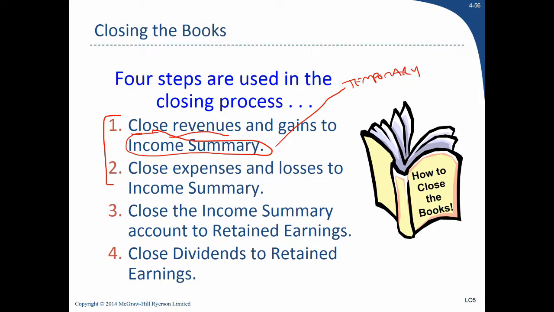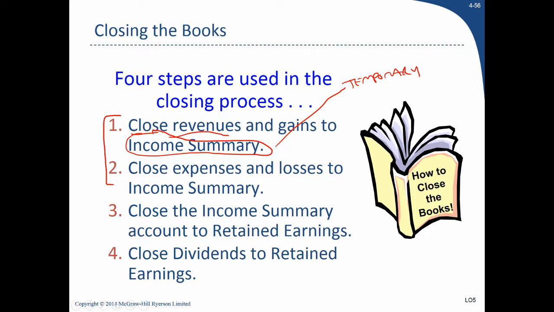It's just a middle bucket where we pour the revenues and expenses to accumulate everything. To close revenues means we need to get the revenue balance, which might be a credit balance of $1 million, to zero. We do the exact same thing for all expense accounts and losses. We have to get those debit accounts to zero, and we also close them to the same account. We're accumulating everything in this one account. We're just mixing it all in.